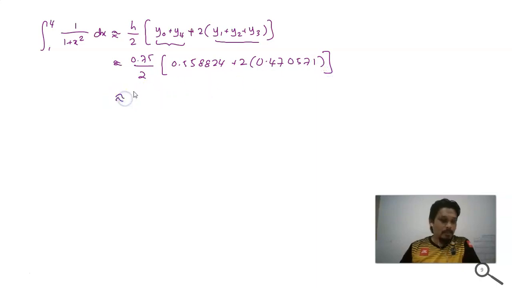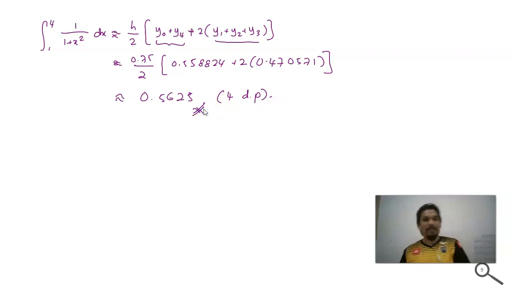So it is approximately 0.5625. Let's say this answer is to 4 decimal places. Okay, that's it.